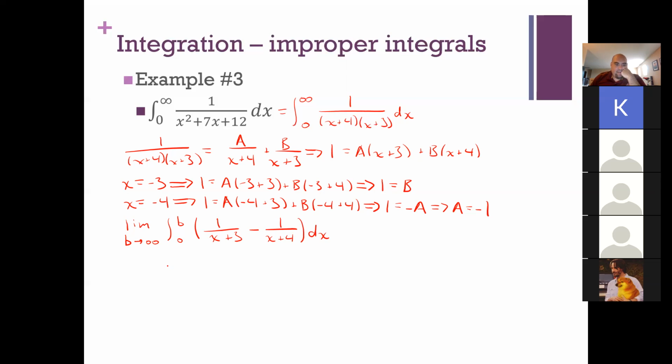All right, and what is the antiderivative of that expression going to be? Couple of natural logs. So what's the first one going to be? A natural log of what? Absolute value x plus 3.